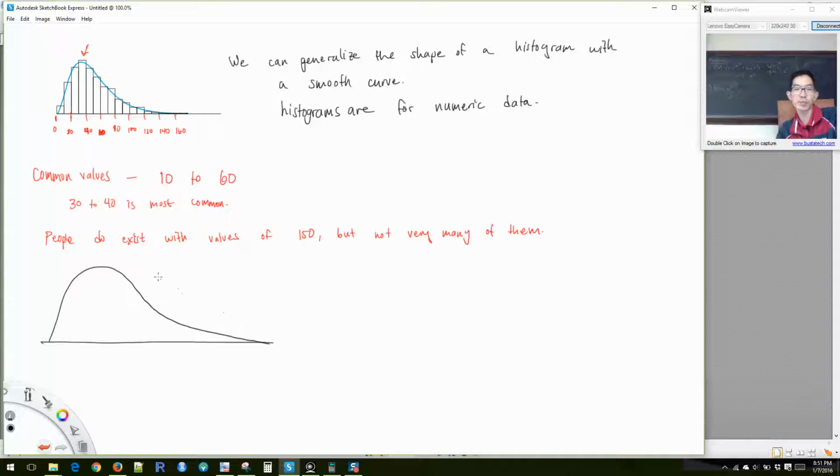What this is saying is that values from here to here are most common. People out here exist, but not very many. If we go the other direction, does anyone exist out at like -40? No, so no one out here.